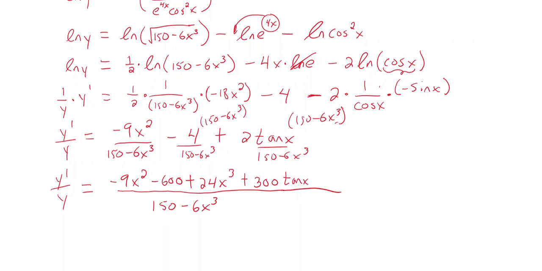And then distributing the last part in, we've got negative 12. And you've still got x cubed tan x.